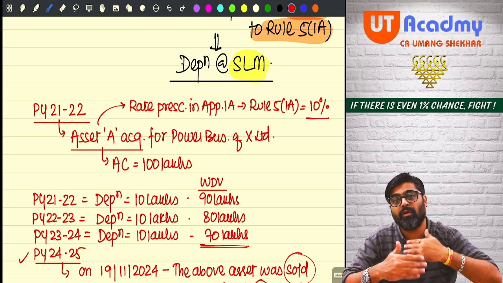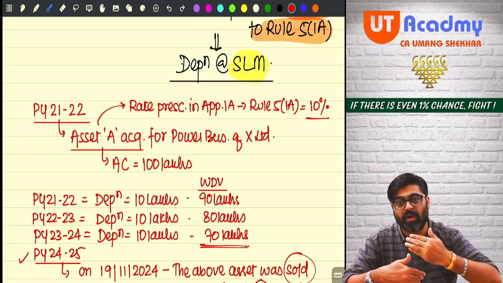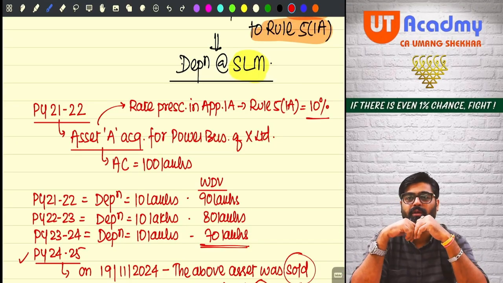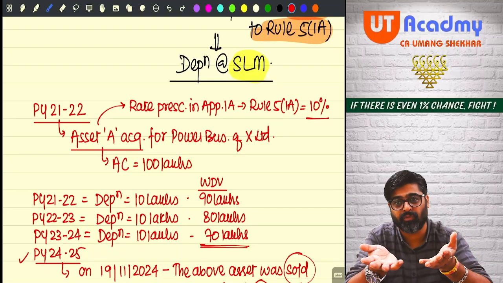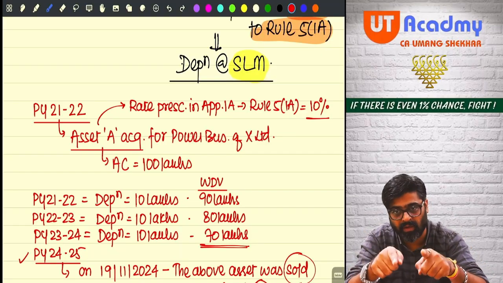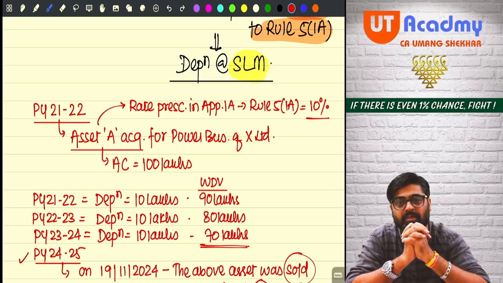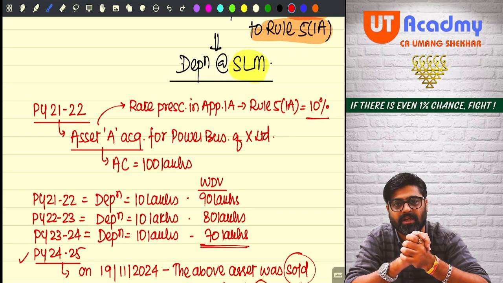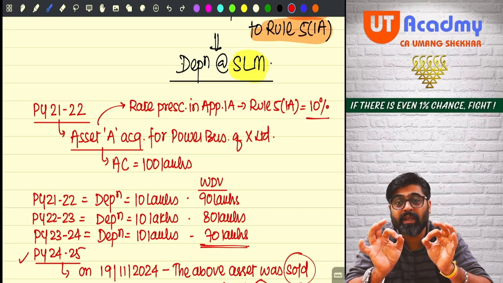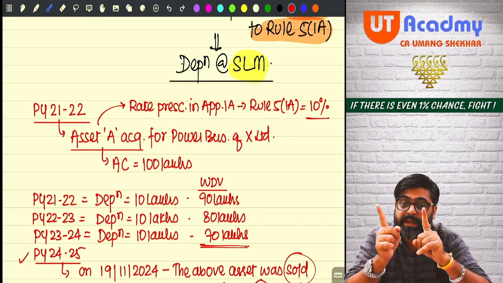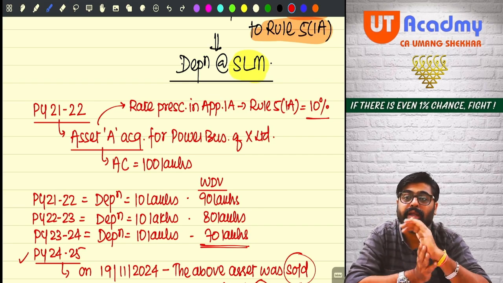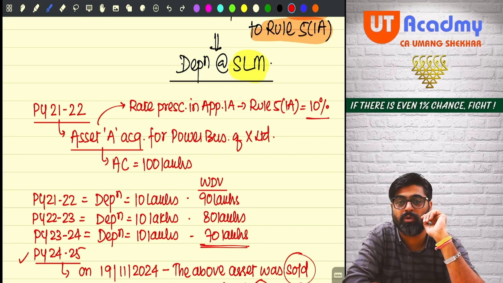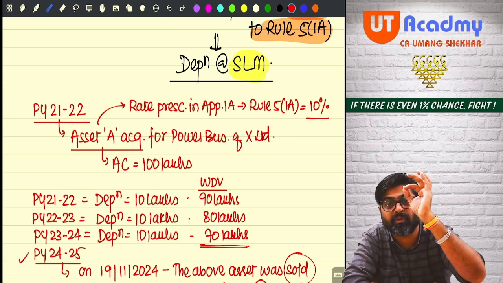Because in that case, you have charged depreciation under 32(1)(i) for a few years. And after charging depreciation for a few years under section 32(1)(i), later on you are selling the asset in some later year. Then terminal depreciation or balancing charge will come. But what if the asset which was bought in 21-22 was sold in that same year without charging depreciation for even a single year?